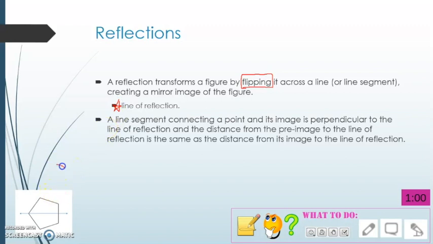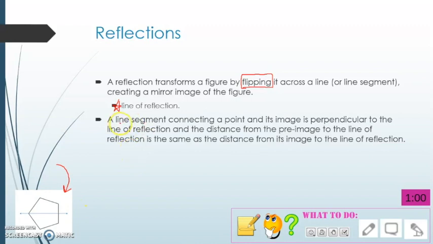If we look down here at this picture, this is a shape that actually has a line of symmetry drawn through it. If I were to fold that shape over this line here, then the shape would land on top of itself. But you could also flip the shape around and you still get the same shape. So this can be considered a line of reflection.